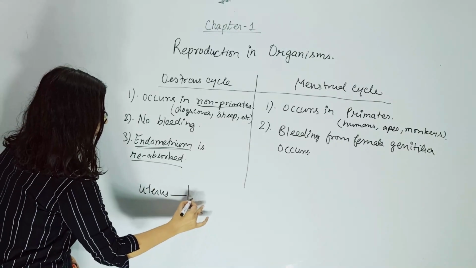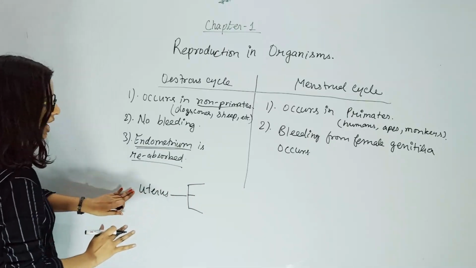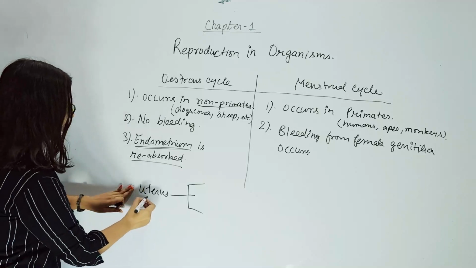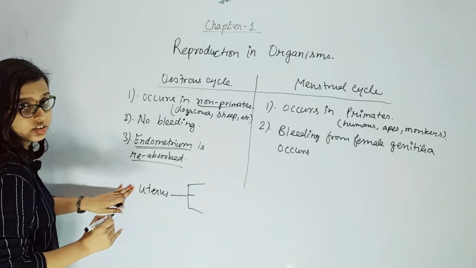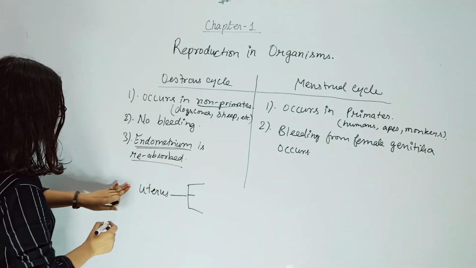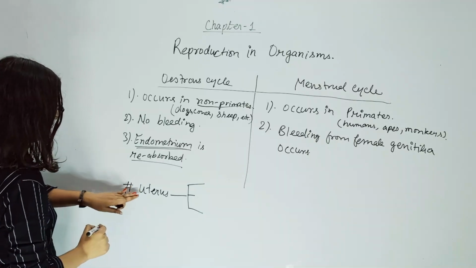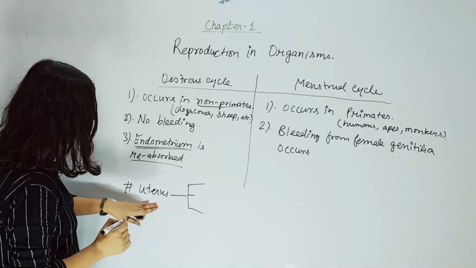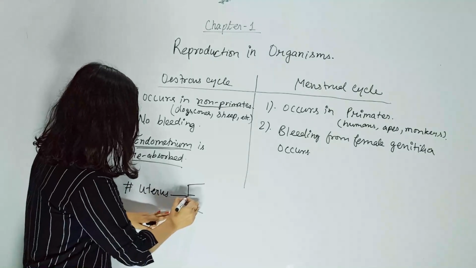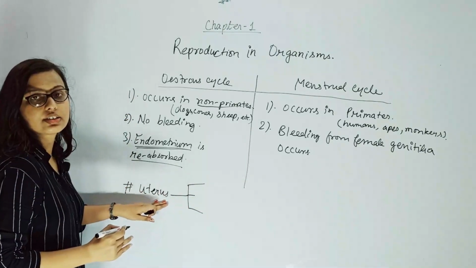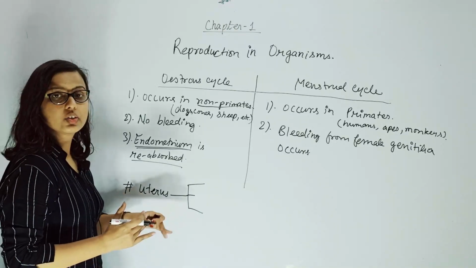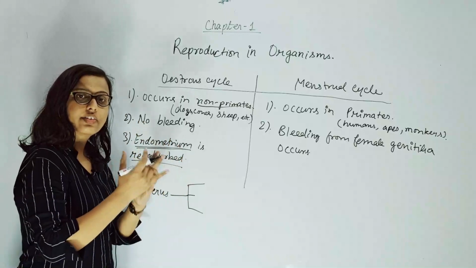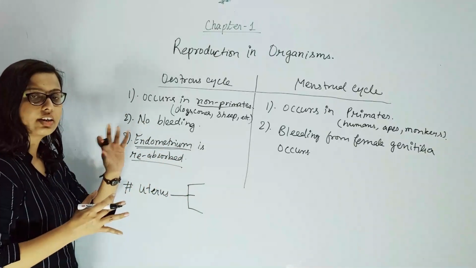What is the uterus? The uterus is the part of the female reproductive system in case of higher eukaryotes, in case of placental mammals. So there are three linings in this particular uterus. You have already studied the stomach and its different layers, mucosa, submucosa and all those.